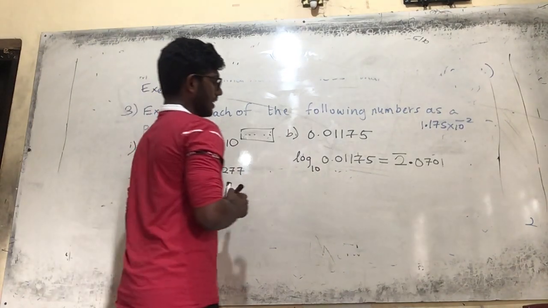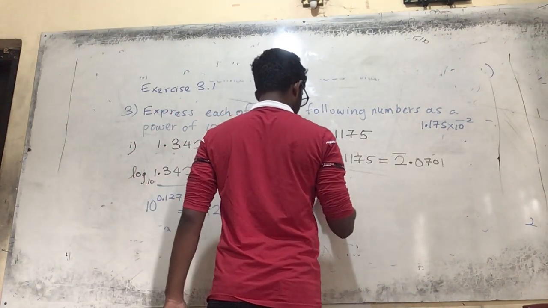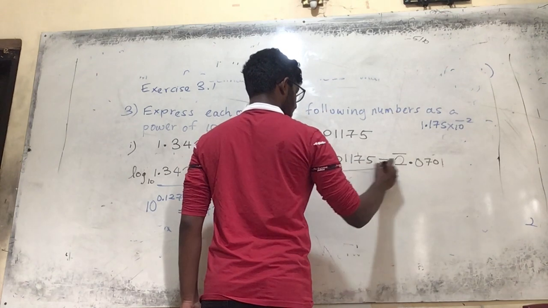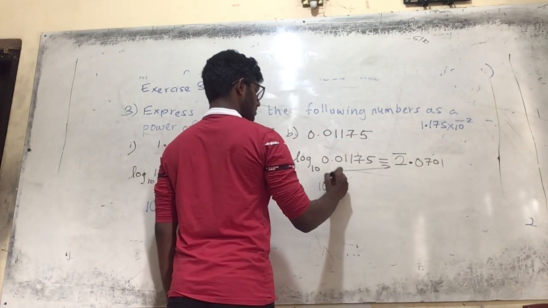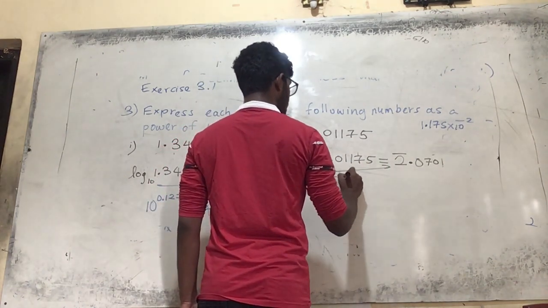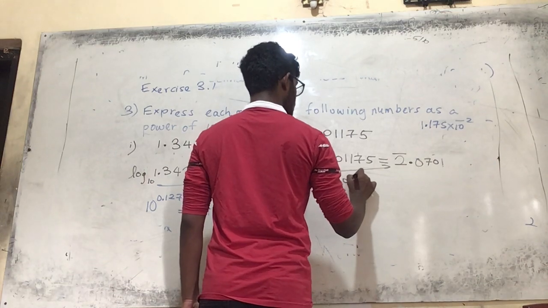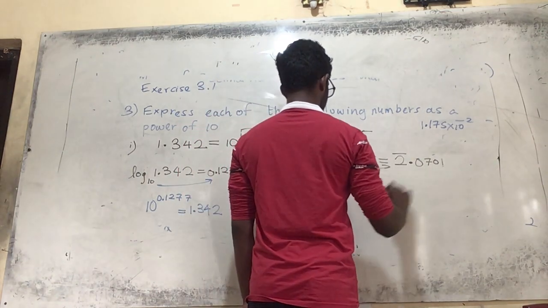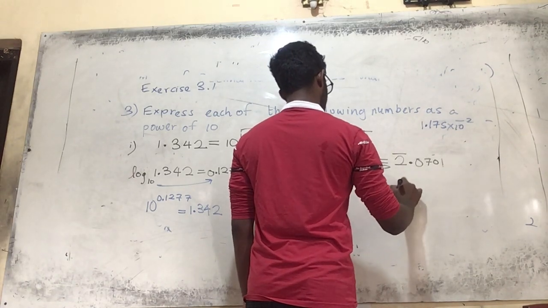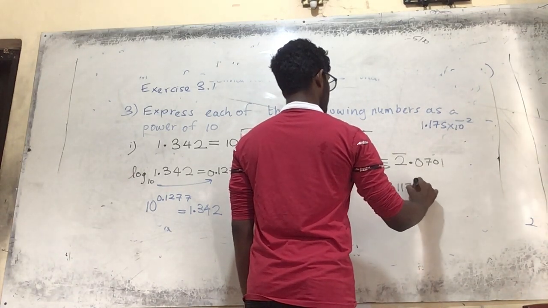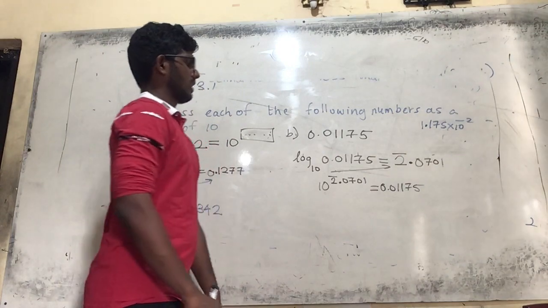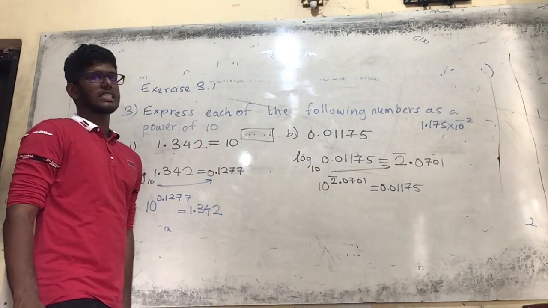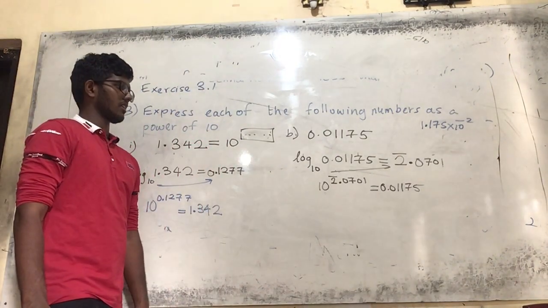Here, when you take it as a power of 10, what will happen? 10 to the power bar 2.0701. Now the answer is not that nice, right?